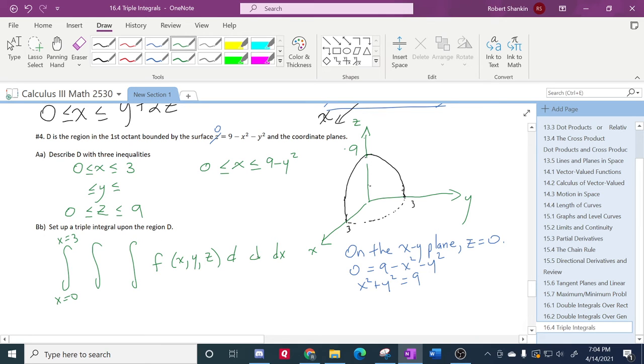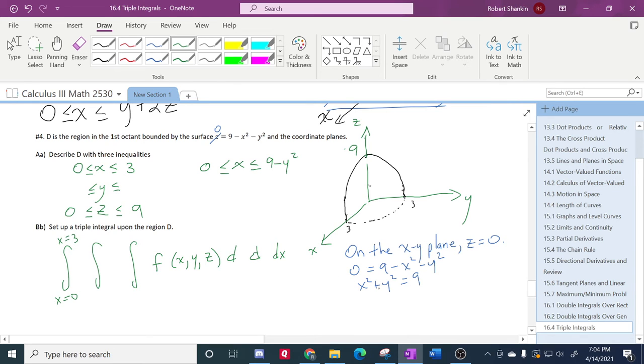Alright, and then if we confine ourselves to being on the xy plane, so we're in familiar territory with x's and y's, and we're comfortable with this equation, that's the equation of a circle in the xy plane. Then let's figure out the bounds on the y.